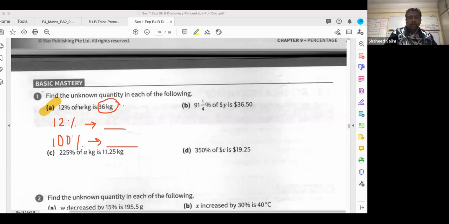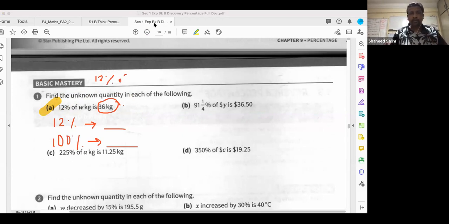So I'm going to read out to you and change this into an equation. Okay, watch. This one says 12% off.